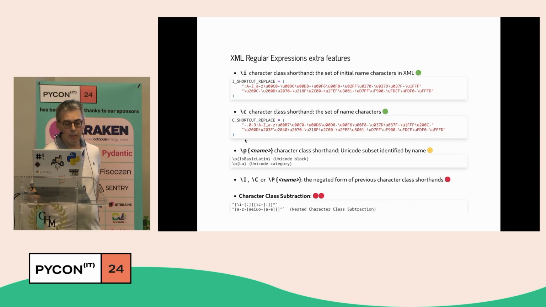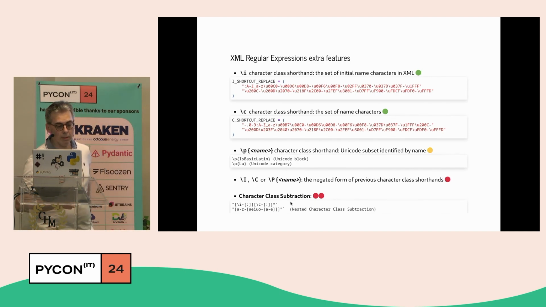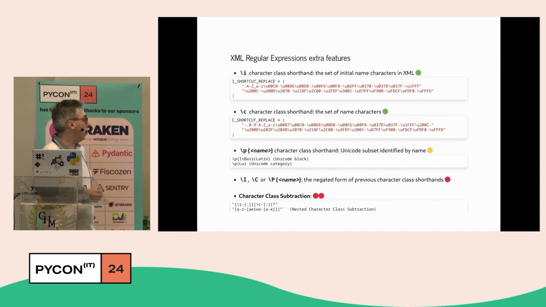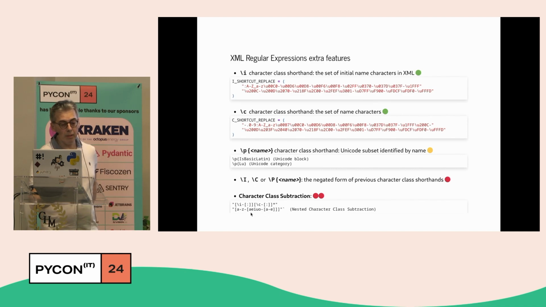The other challenges are more complicated, particularly the last: the standard for regular expressions in XML requires the parsing of character class abstractions. That can be complicated because they can be nested.